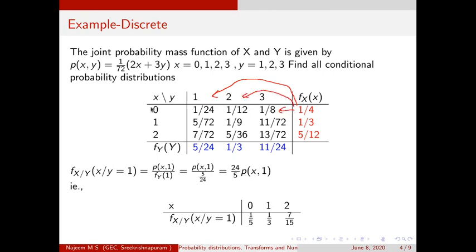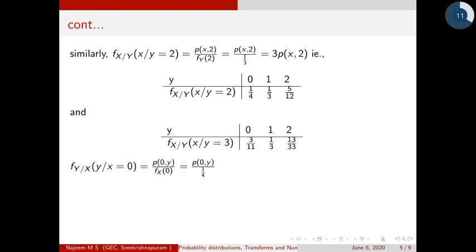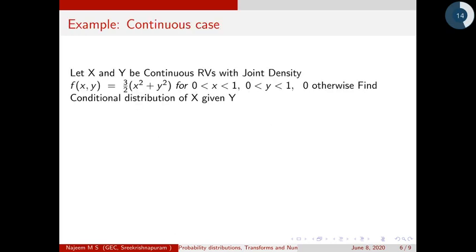We get the corresponding f of y given x = 0, because we are considering the x = 0 row only. Similarly, we can calculate the x = 1 row and the x = 2 row. So f of (0, y), the first row, is divided by the marginals, and we get the values.